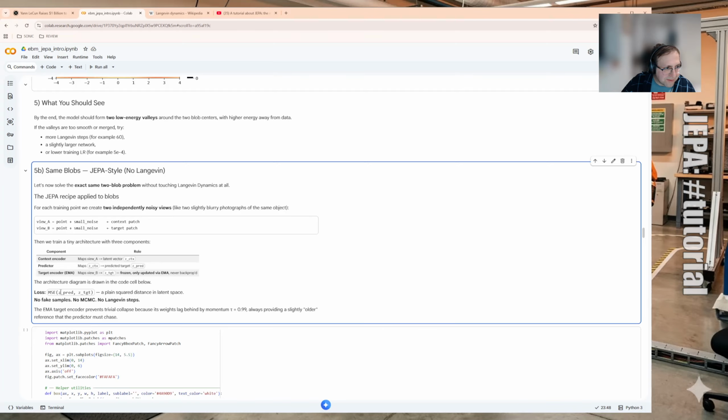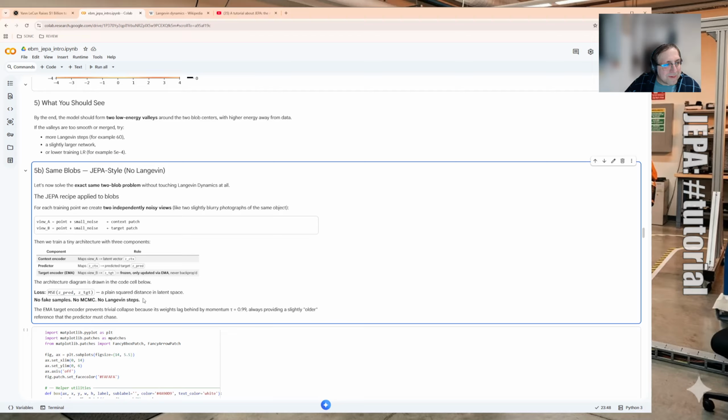So the loss function in this case is the mean squared error in the latent space. So it's the Z. Okay, let's not get confused again. That's the latent space. The Z from JEPA is not the partition function, it's the Z of the latent space. And so you want to minimize this MSE. It's a simple squared distance, nothing fancy.